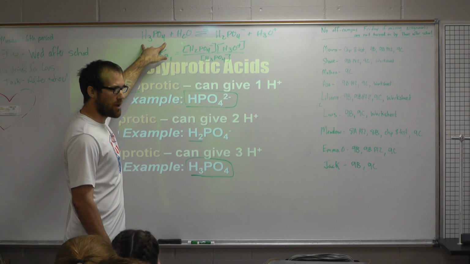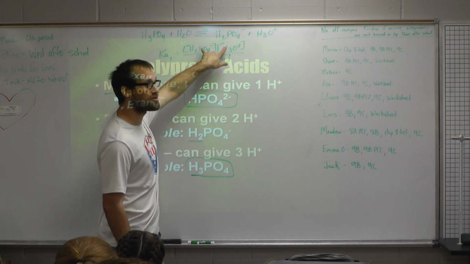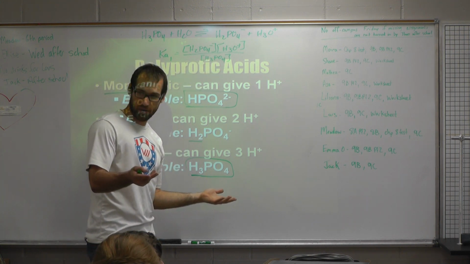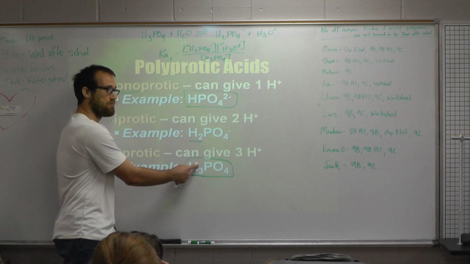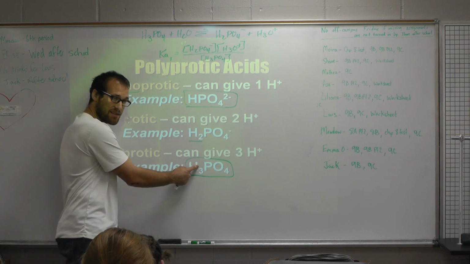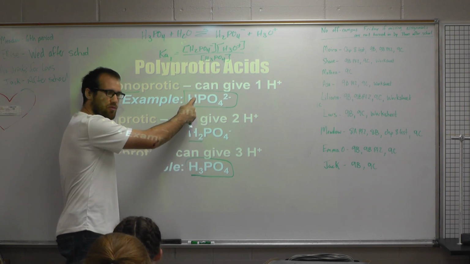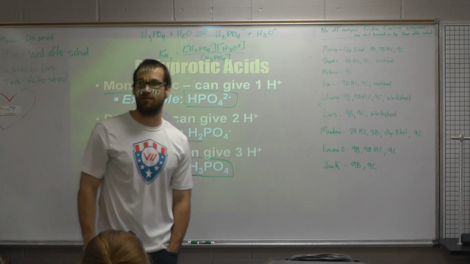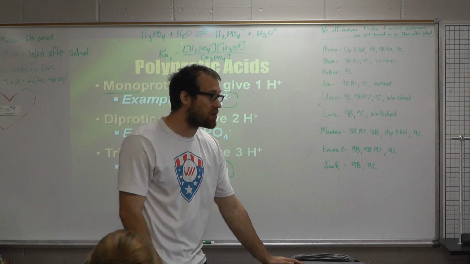If this doesn't break up very much, you're not going to have a lot of this. That means the concentration of this will go down, making the K value go down. So if this dissociates the most, it will have the highest K value. And if this dissociates the least, it will have the lowest K value. So a way to determine the strength of an acid is by looking at its K value.